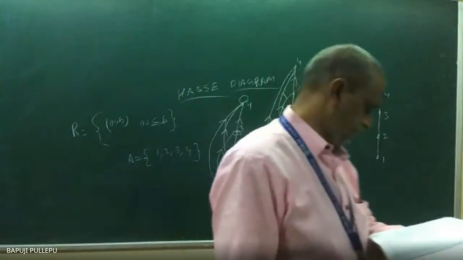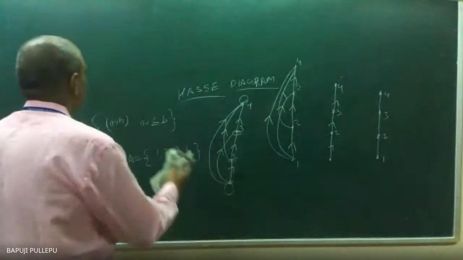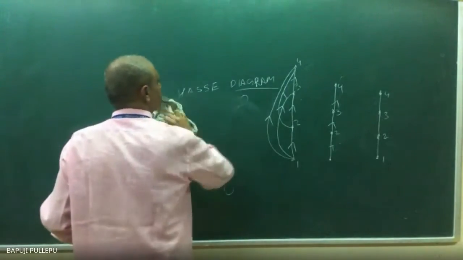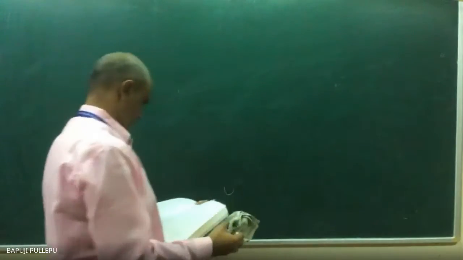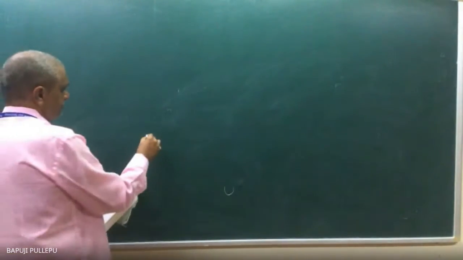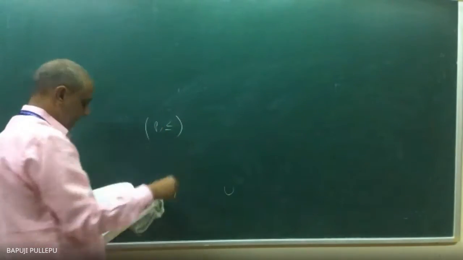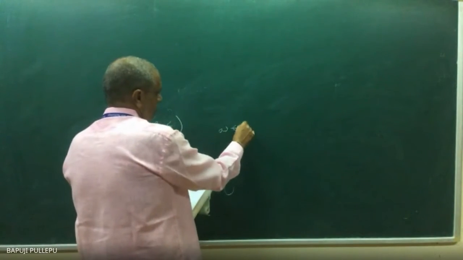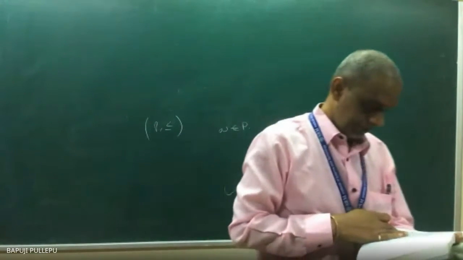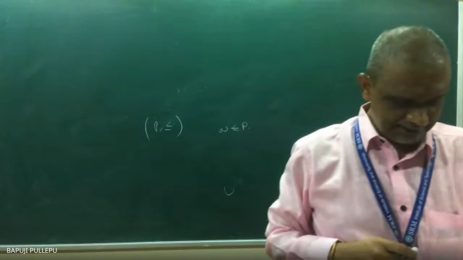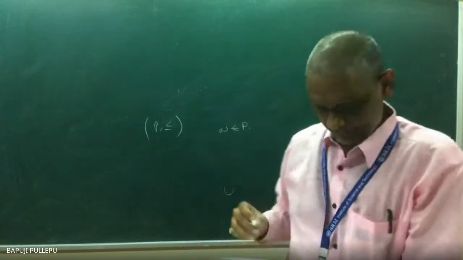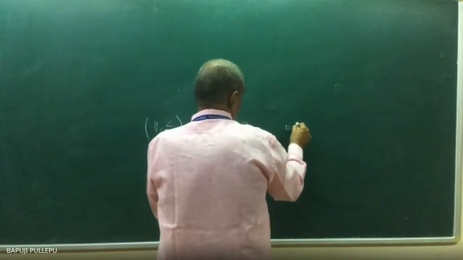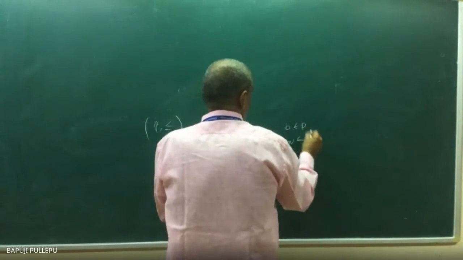Next, poset. An element a belonging to P is called a maximal member of P if there is no element p belonging to P such that a is less than p.